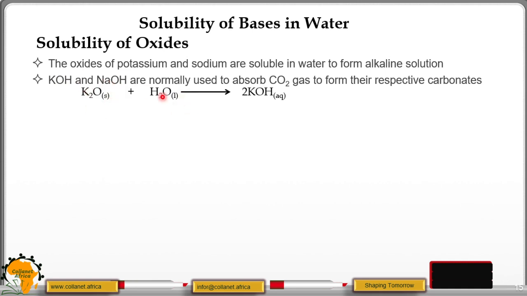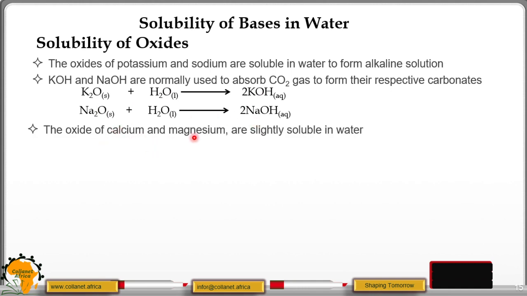This is the equation for the reaction of potassium oxide and sodium oxide with water to form potassium hydroxide and sodium hydroxide solution respectively.